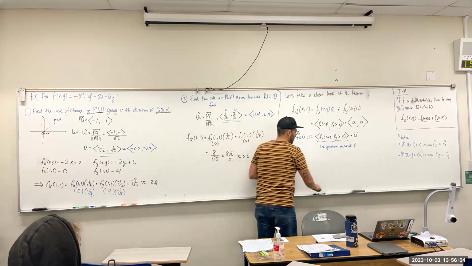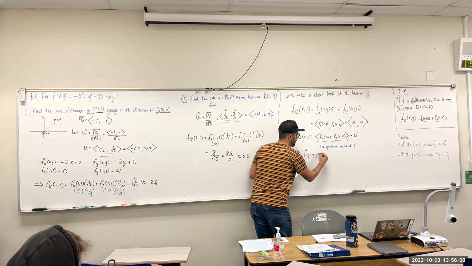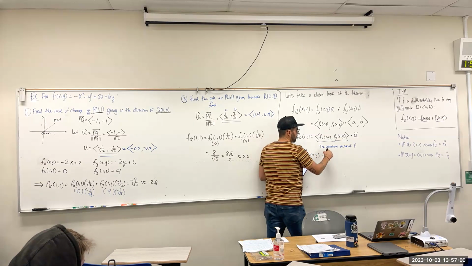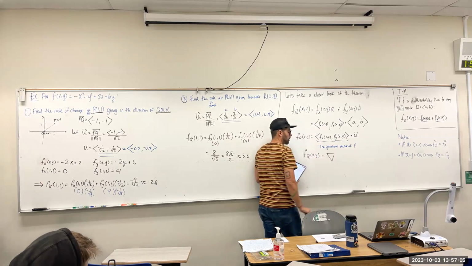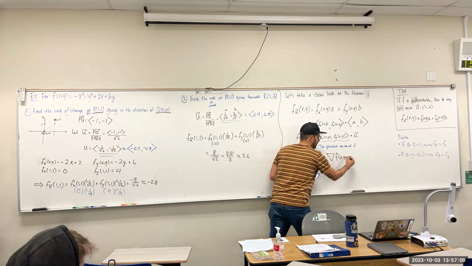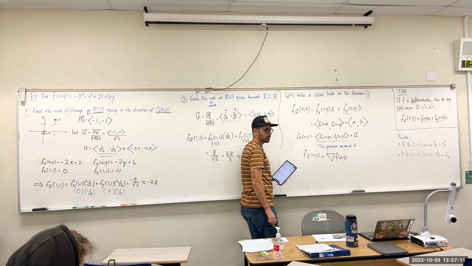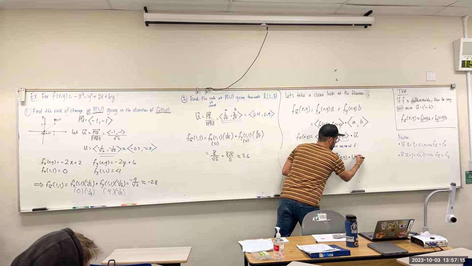And since it's so important, it has a special notation. When you see the word gradient, you're going to see this upside down triangle, and you read it as the gradient of f at that point xy, dotted with my unit vector.